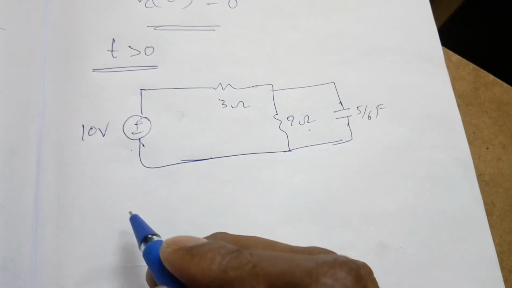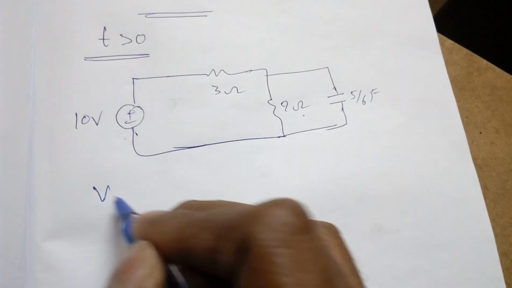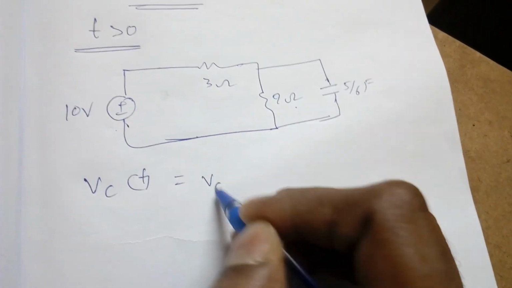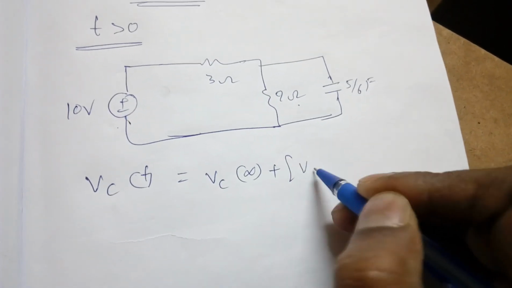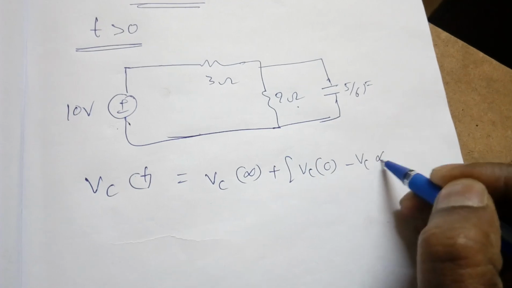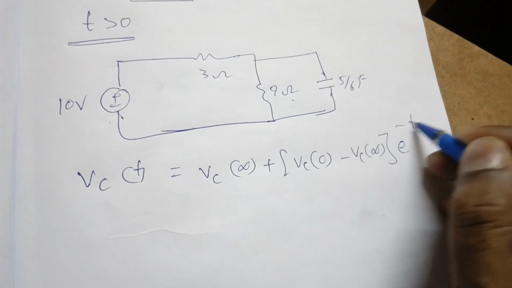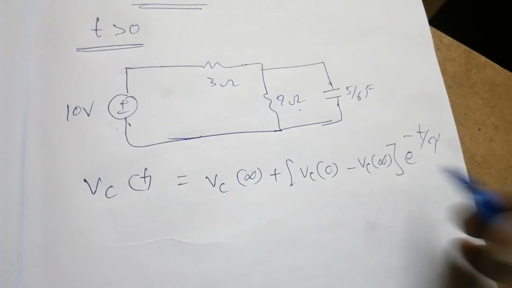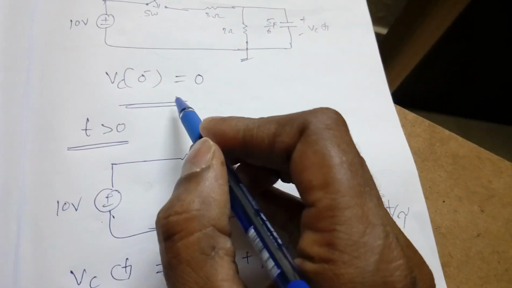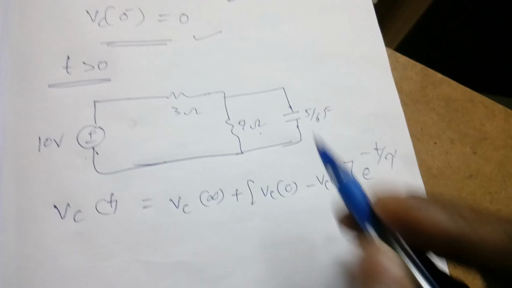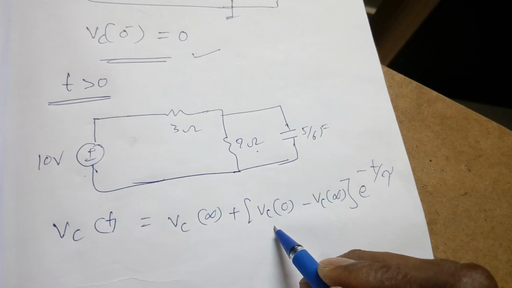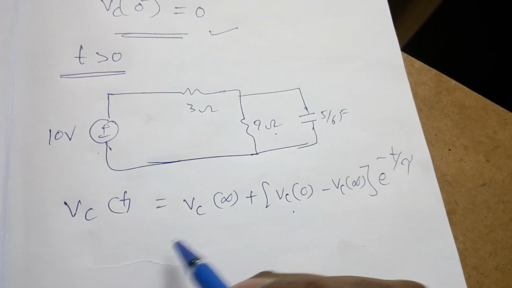Then in your mind, we have to use this formula: Vc of t equals Vc of infinity plus Vc of 0 minus Vc of infinity into e power minus t by tau, and tau equal to RC. In the question itself 0 initial condition is given, so Vc of 0 minus is nothing but 0, but we have to find Vc of infinity.